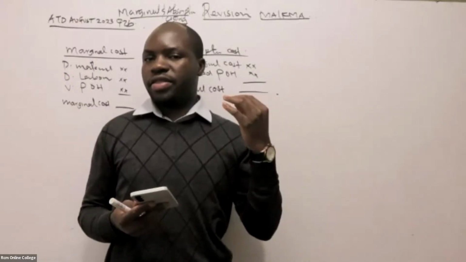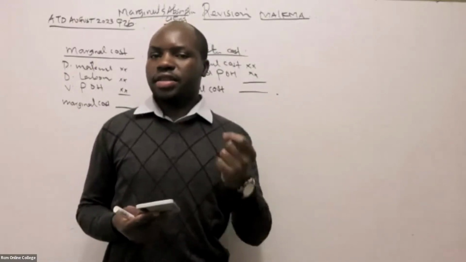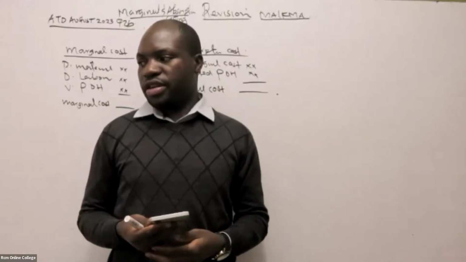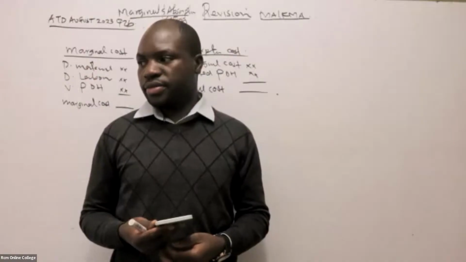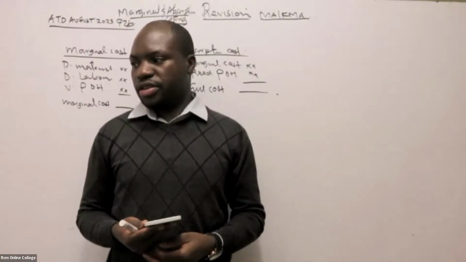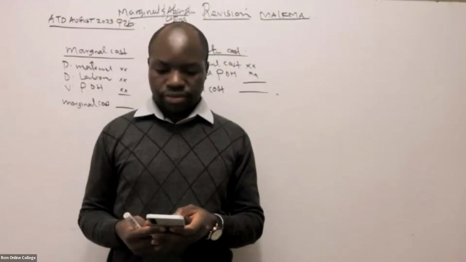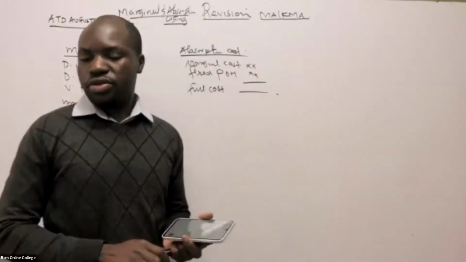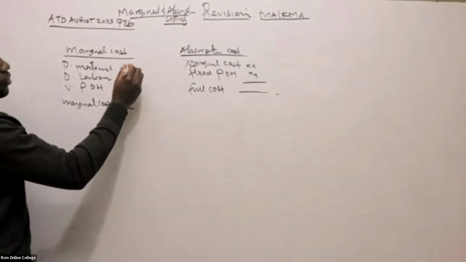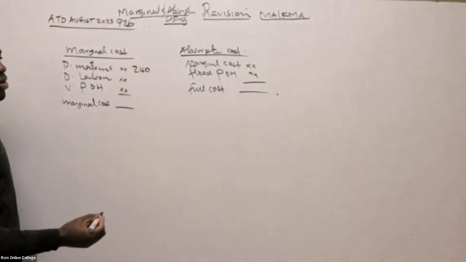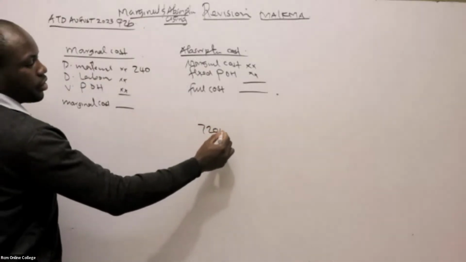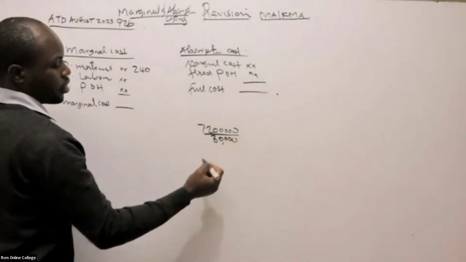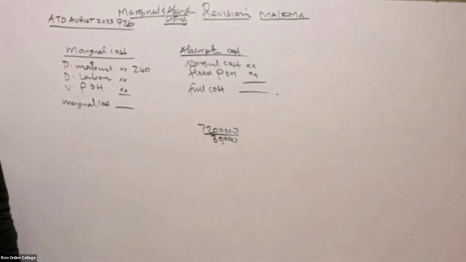When you divide that by 30,000, what is your material cost per unit? You are getting 240. How? 7,200,000 divided by 30,000, which represents the units that were produced.